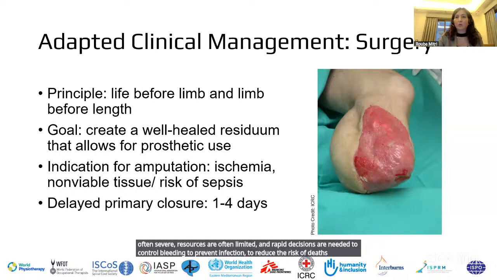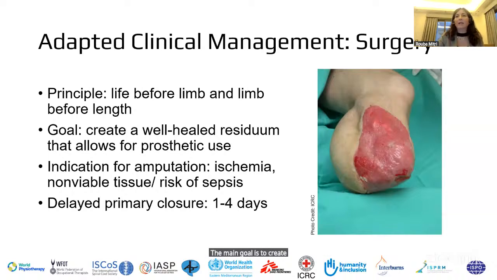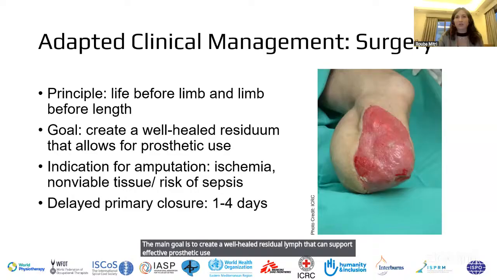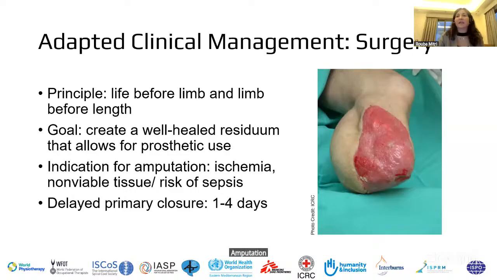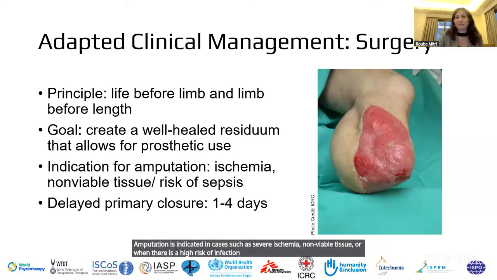The main goal is to create a well-healed residual limb that can support effective prosthetic use in a later stage. Amputation is indicated in cases such as severe ischemia, non-viable tissue, or when there is a high risk of infection and sepsis.